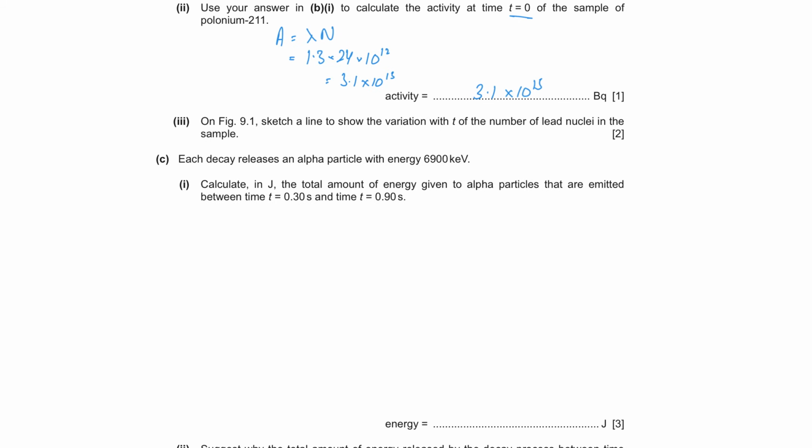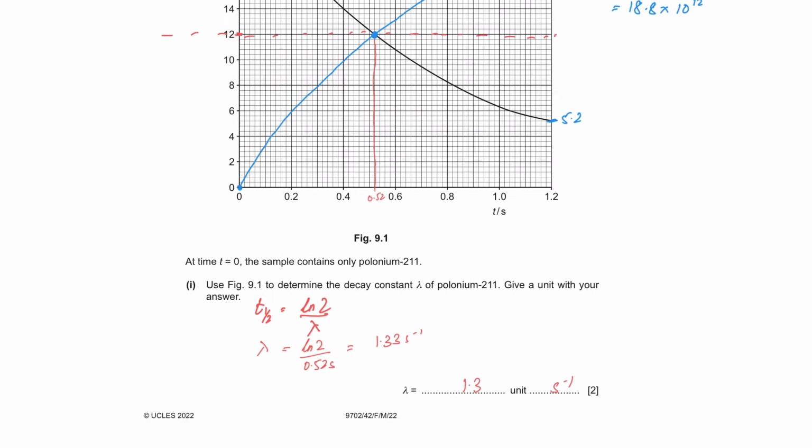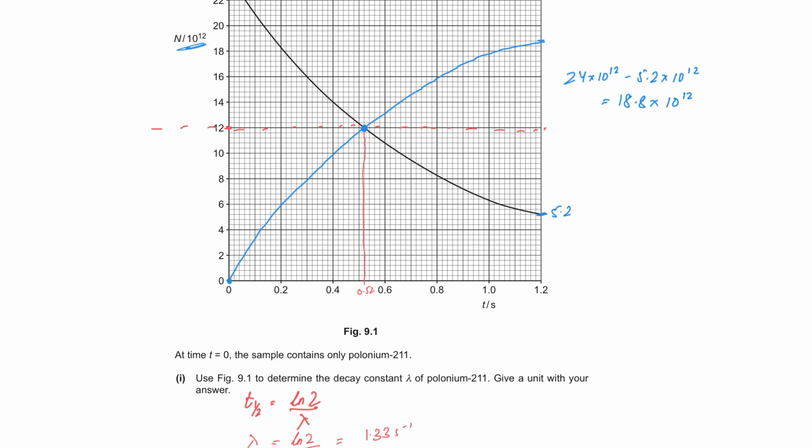Part 3 says each decay releases an alpha particle with energy 6,900 kilo electron volts. Calculate in joules the total amount of energy given to alpha particles that are emitted between t is equal to 0.3 and t is equal to 0.9 second. So what is the count at t is equal to 0.3? At t is equal to 0.3, the count is 16 into 10 to the power 12 particles.